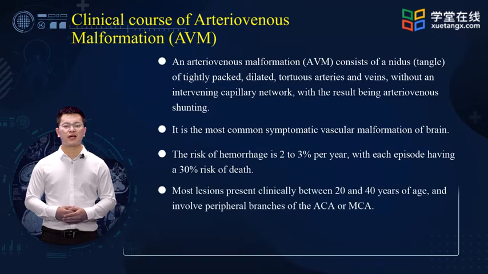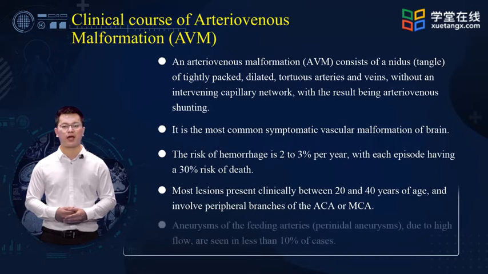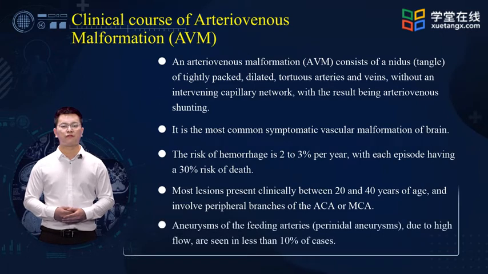Most lesions present clinically between 20 and 40 years of age and involve peripheral branches of the anterior cerebral artery, ACA, or middle cerebral artery, MCA. Aneurysms of the feeding arteries due to high flow are seen in less than 10% of all cases.